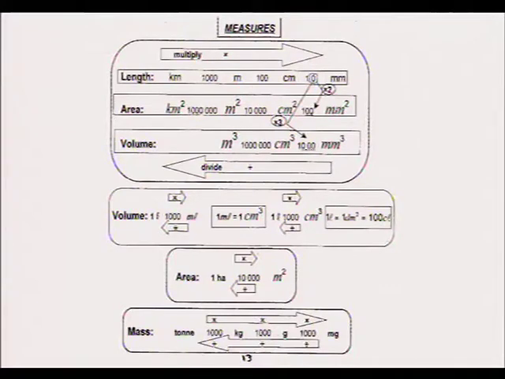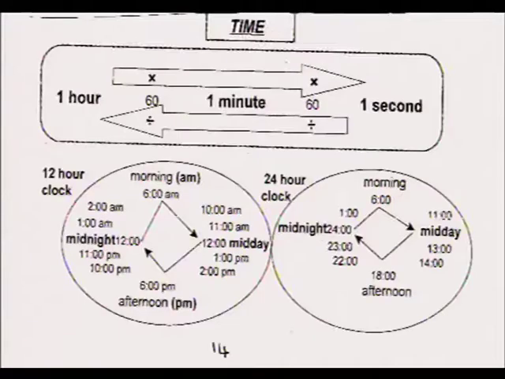Remember that 1 liter is 1000 milliliters. 1 milliliter is 1 cubic centimeter. 1 hectare is 10,000 square meters.